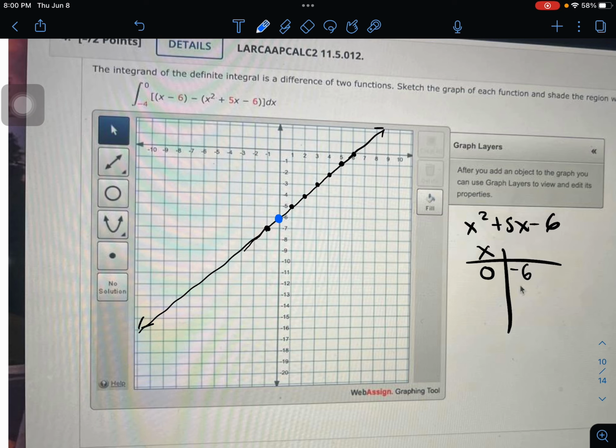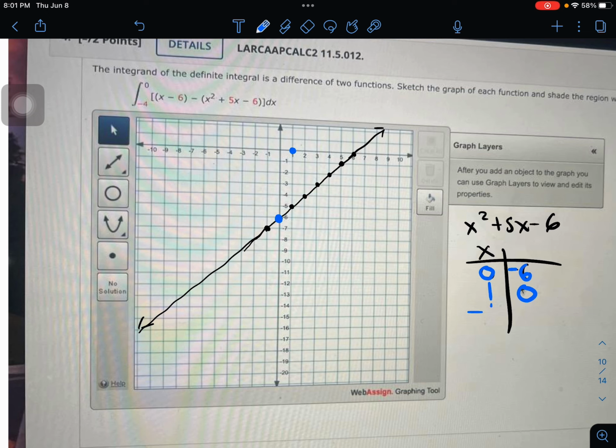Next easiest point to put in is a 1, so I'll put a 1 in. And if I put a 1 into my x's, 1 squared is 1, 5 times 1 is 5, 1 plus 5 is 6, and 6 minus 6 is 0. So if I put a 1 in, I get a 0 out. And I will go ahead and graph that. 1, 0, which is going to be right there.